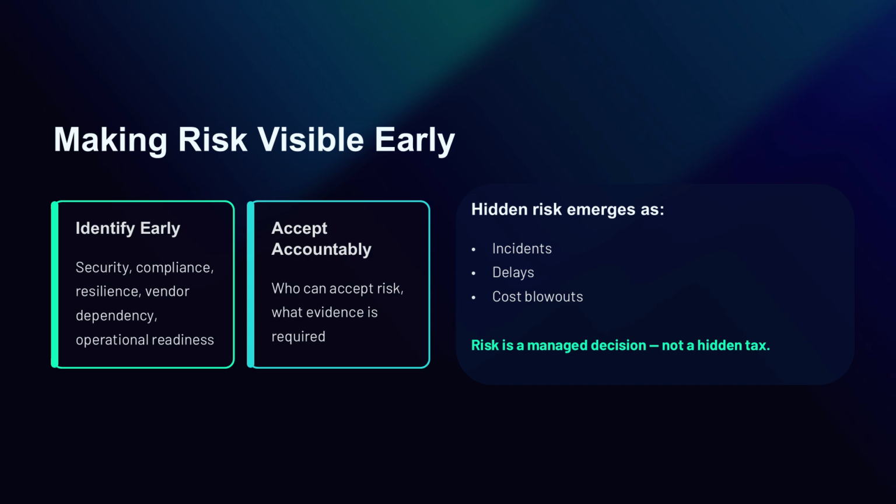When risk is visible early, leaders can make informed trade-offs and delivery teams can design with confidence. When risk is hidden, it emerges late as incidents, delays, and cost blowouts. The preliminary phase is where you set the expectation that risk is not a hidden tax. It is a managed decision.